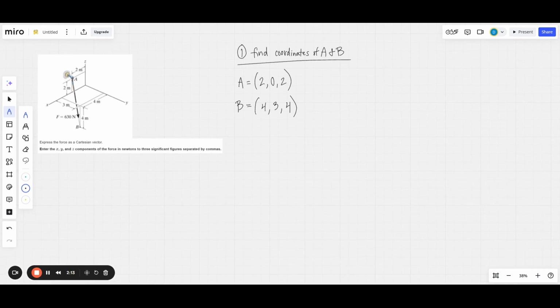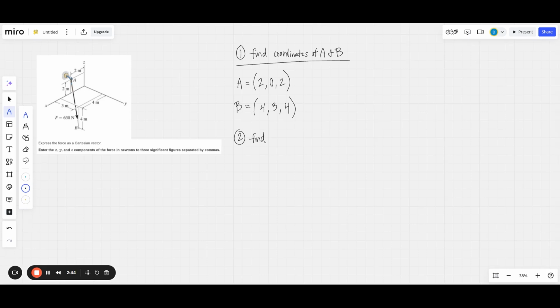So now that we found our coordinates, this right here is just a magnitude. If we are going to express it as a force, we need it to have a magnitude and a direction, which requires us to find the unit vector. And to find the unit vector, first we need to find the position vector. So we need to find the vector from A to B, which is notated like this.